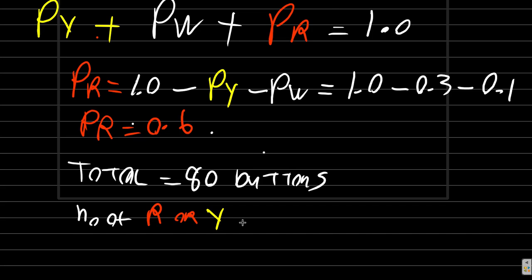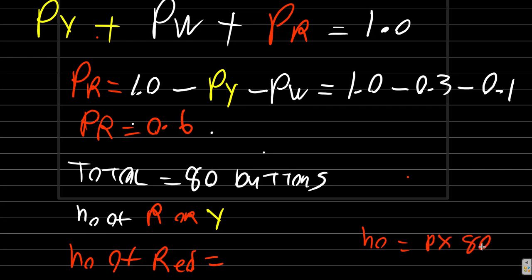They ask for the number of red or yellow, so you're going to see how many red and how many yellow and add them. Now remember, the number of them is going to be the probability multiplied by 80.